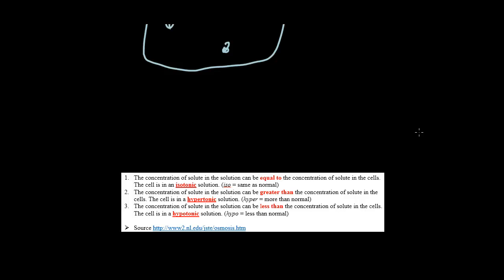Hyper means more than normal, something easy to remember, and as I said before, iso means same as normal. Let's get back to hypertonic solutions. The concentration of the solute in a solution can be greater than the concentration of solute in the cells. So what does that mean?